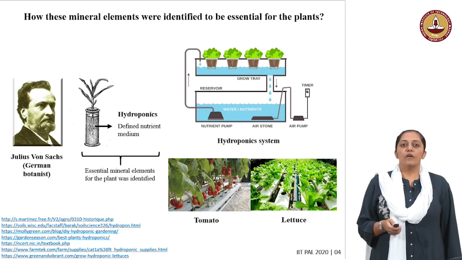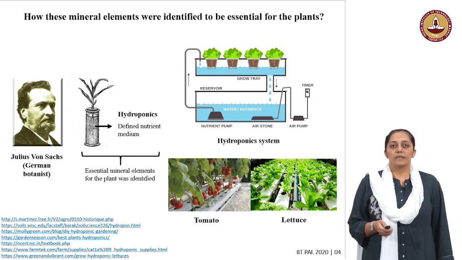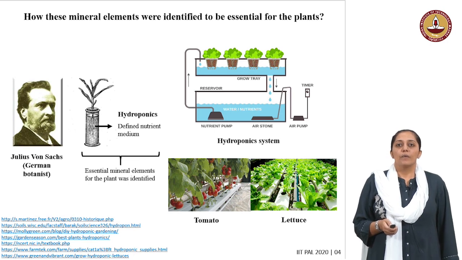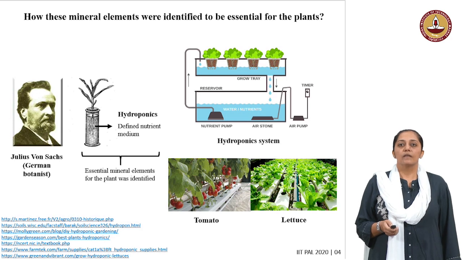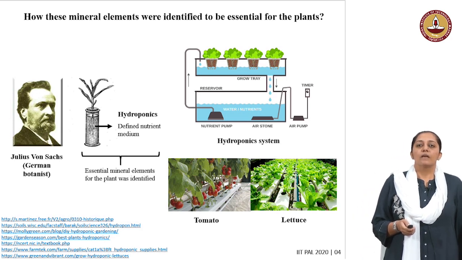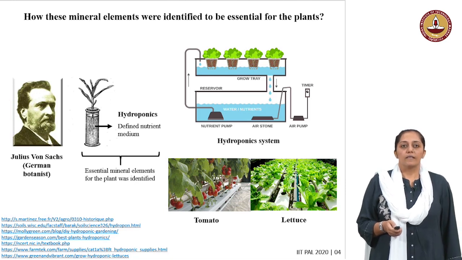This technique of growing plants in a nutrient solution is known as hydroponics, which is now being commercially utilized for the cultivation of various food crop varieties.